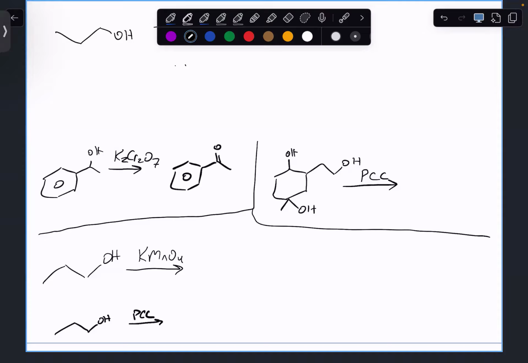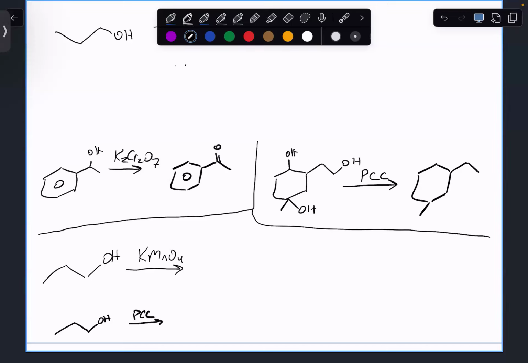Now, this next example is a little bit tricky because we have multiple OH groups. All you have to do is ask yourself, what type of alcohol do you have in each case? What is that alcohol down here? That is a tertiary alcohol.